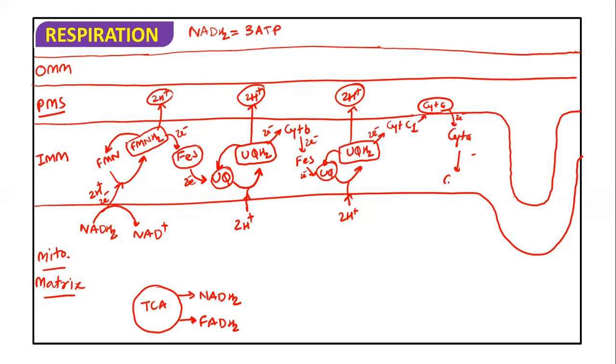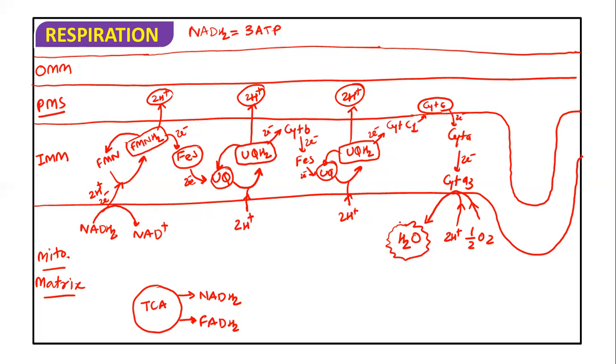Cytochrome a passes its 2 electrons to cytochrome a3, and when cytochrome a3 receives 2 electrons, it takes half O2 and 2H+ from the matrix, and 2H+ and half O2 react and form H2O.